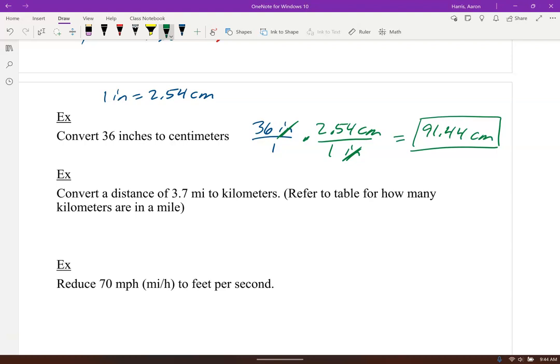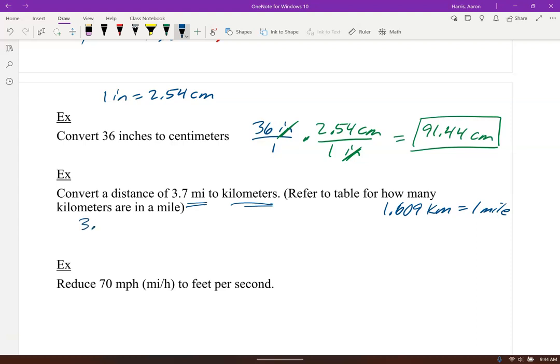All right, how about miles to kilometers? So another U.S. customary to metric, another conversion here, right? Well, I would look at the table, and there is 1.609 kilometers per mile. So you need to know that in order to do this conversion.